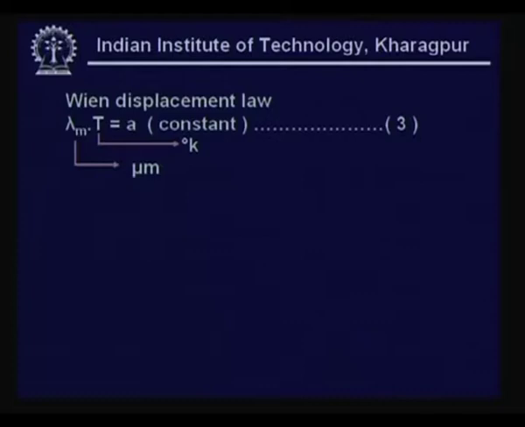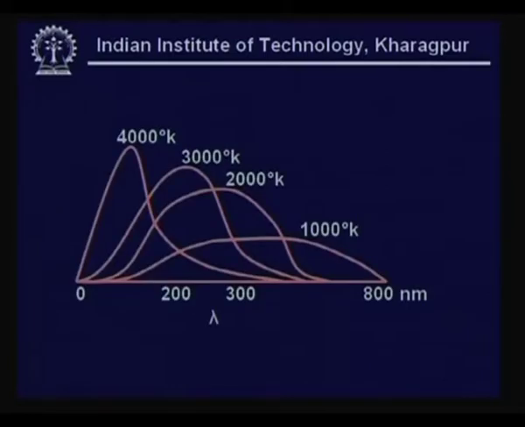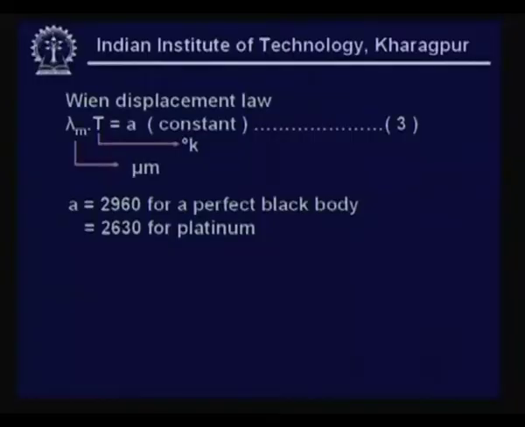We saw in this diagram that the black body maintained at various temperatures had different maxima. This occurrence of maxima at different points is what we call displacement, and it is quantized by Wien's displacement law, which says it's a constant. This constant is known to be 2960 for a perfect black body and 2630 for a platinum body.